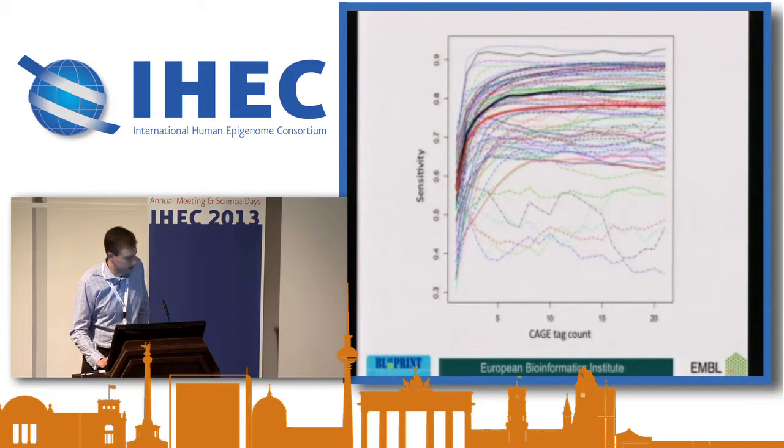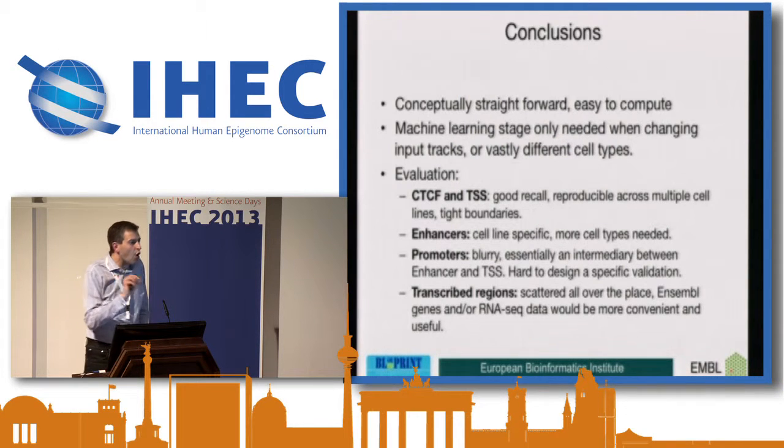Here's what the CAGE tag analysis looks like. But all of this brings us to the conclusion that, in fact, this type of integrative analysis is both conceptually straightforward, easy to compute, and has the advantages of being both good recall and reproducible across multiple cell lines from the places where we can do the validation.